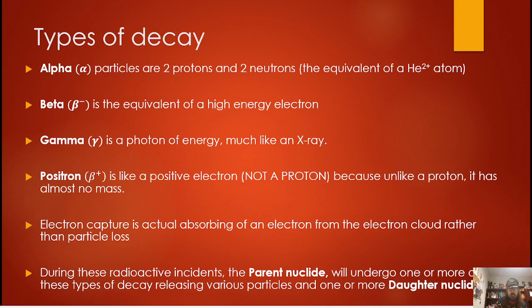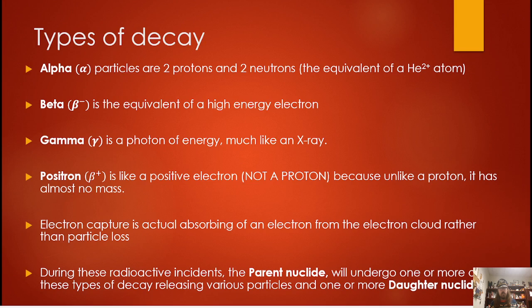And another type of decay that can occur is electron capture. While this is not a true decay where it flings something out, the electrons in the cloud get absorbed into the nucleus. So rather than flinging a particle out, an electron is absorbed and it creates a change.